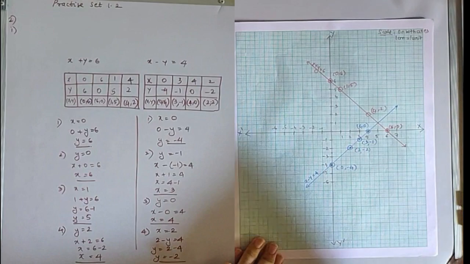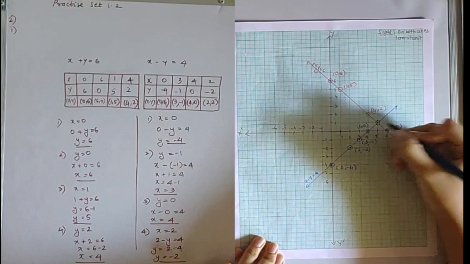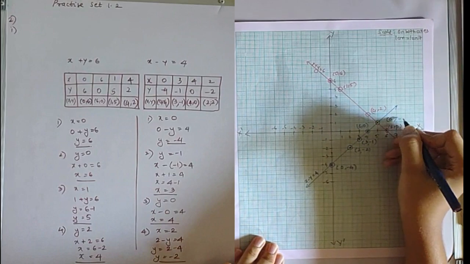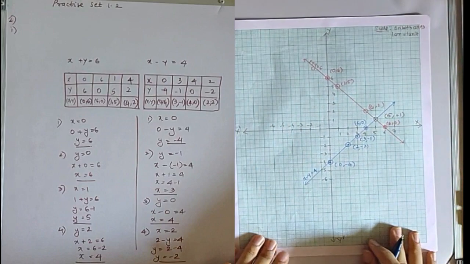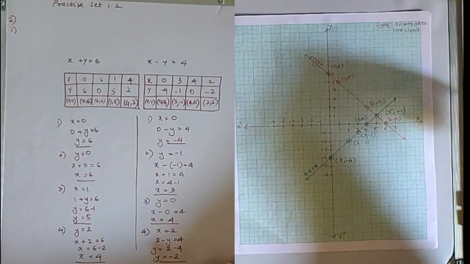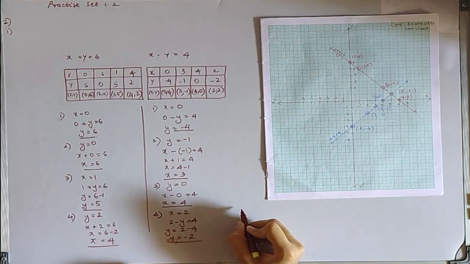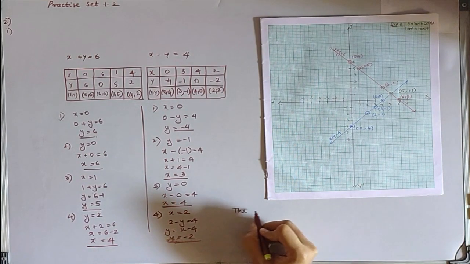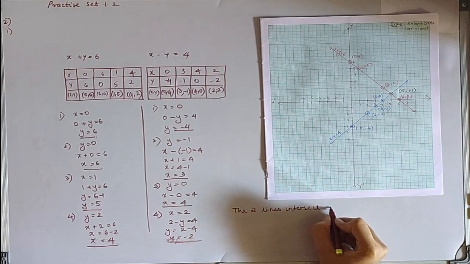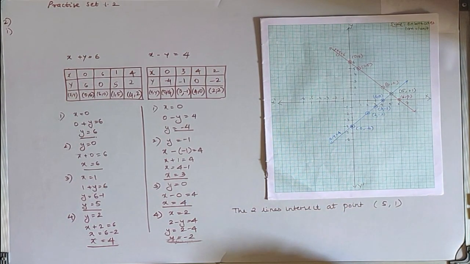Now what is your point of intersection? Your point of intersection is this: 5 comma 1. 5 comma positive 1, so you just need to write 5 comma 1. After finishing solving all this, you need to write: the two lines intersect at point 5, 1.